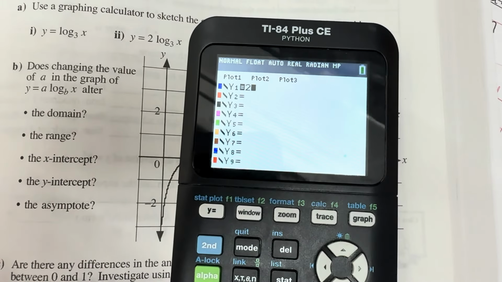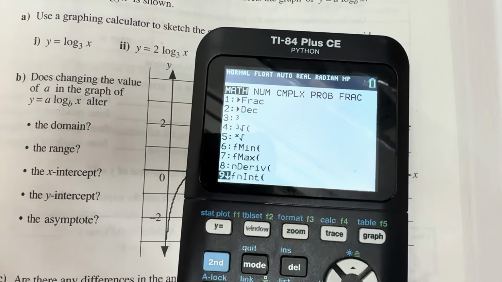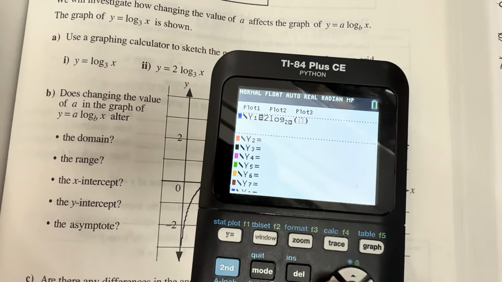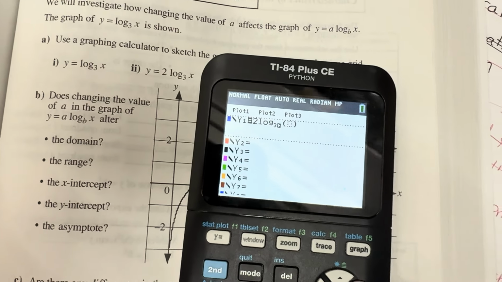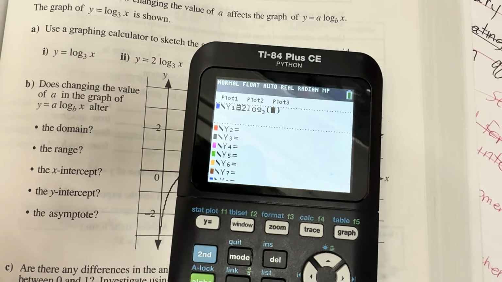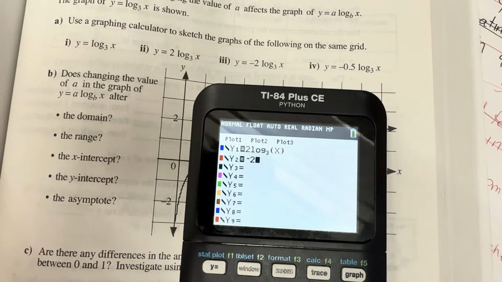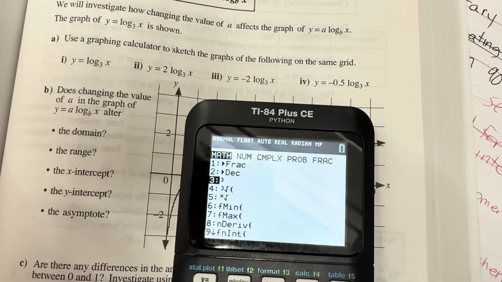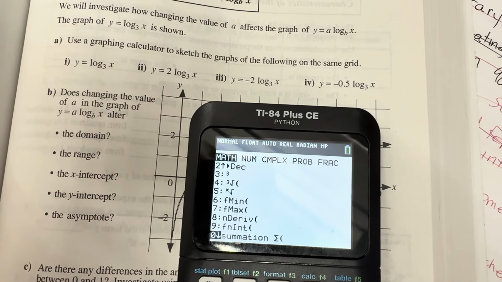Let's put in 2 times log base 3 of x. Then I'm going to have negative 2, and how do I just put that in? If I had my Inspire, I'd be able to do this quicker.